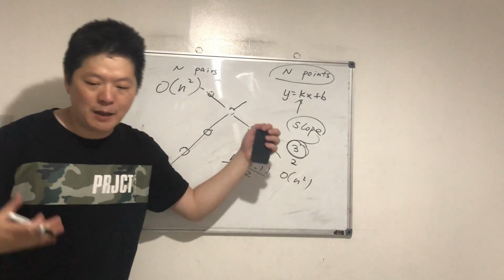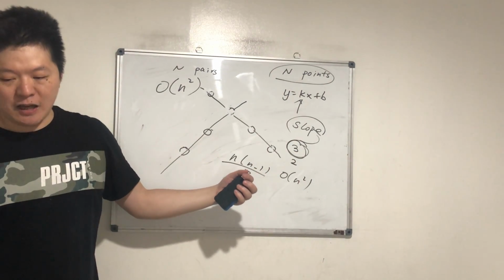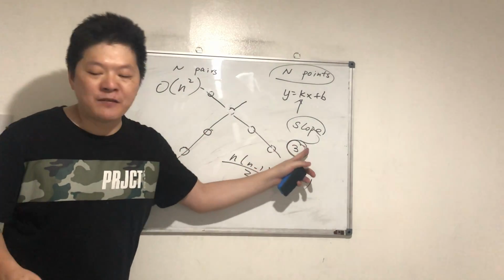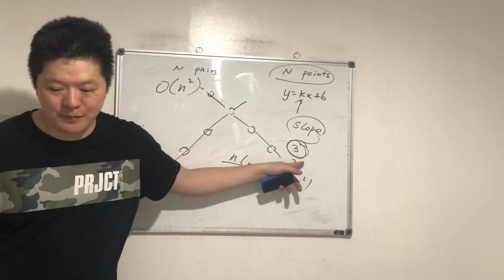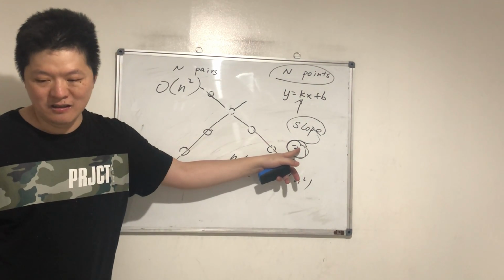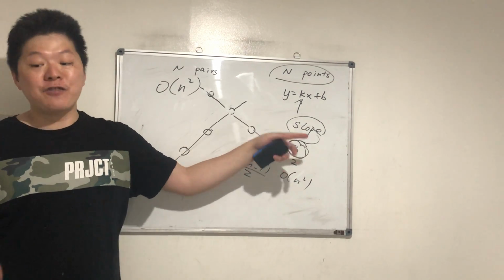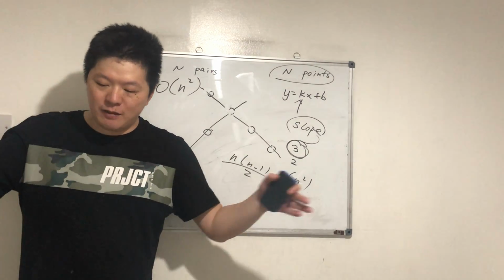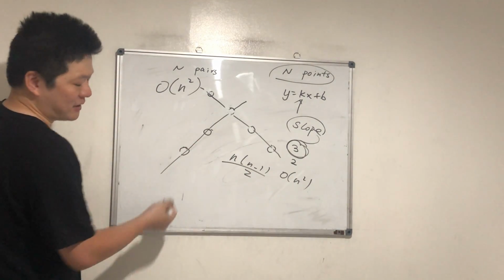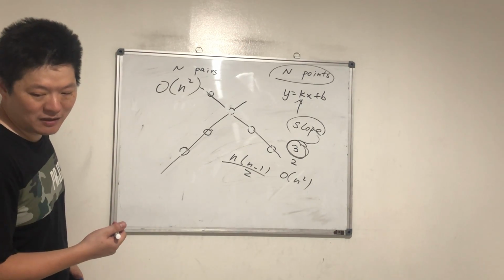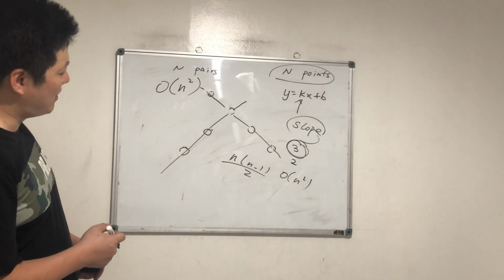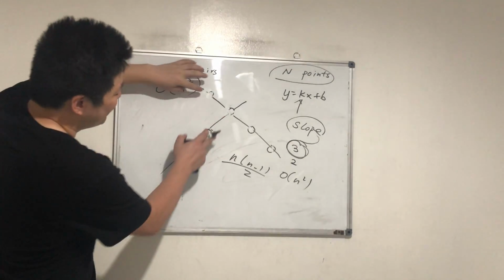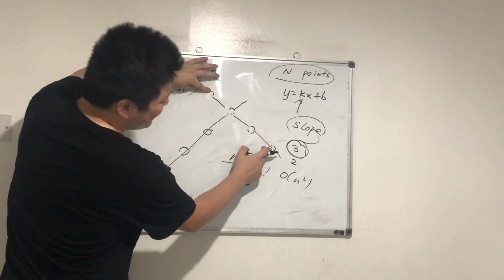So we want to find the maximum of these values, which is the number of pairs of lines which have the same slope. If there are 3 pairs of lines which have the same slope, then how many points are there? 1 pair, how many points? 2. 2 pairs, how many points? 3. 3 pairs, how many points? 4.